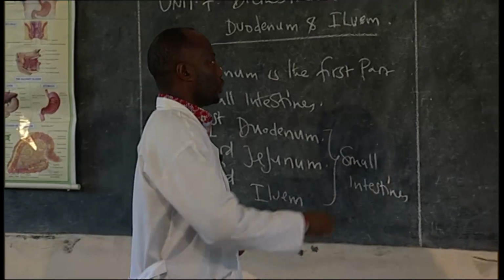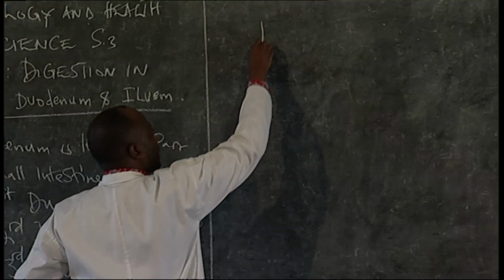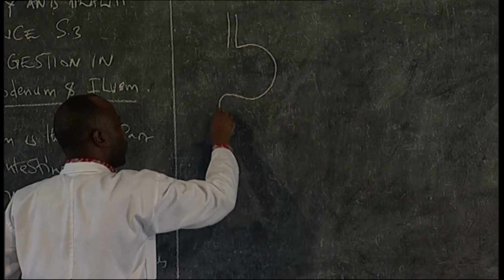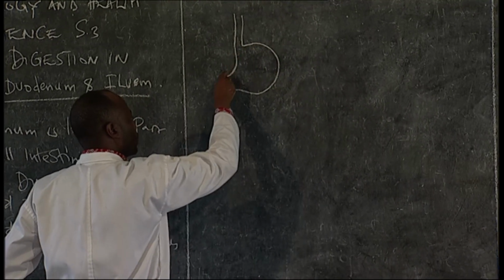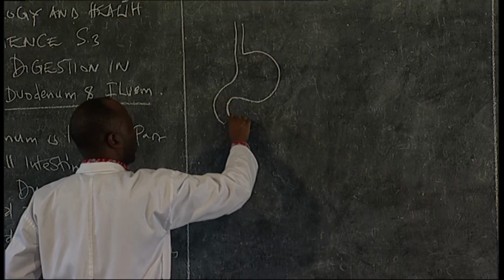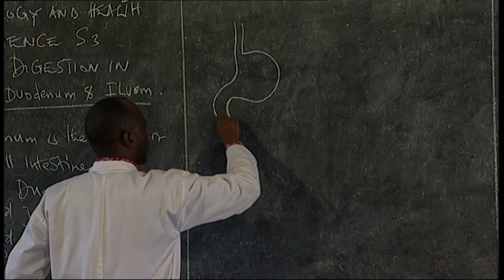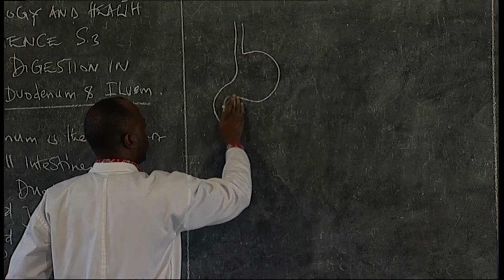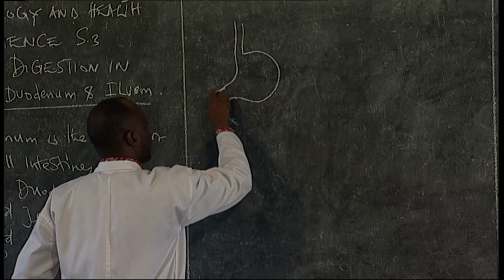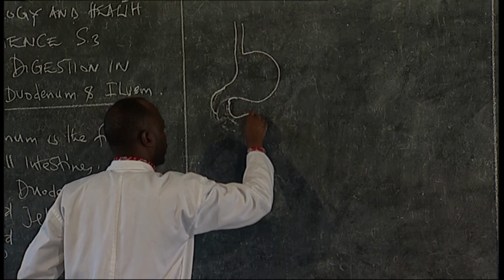This is the diagram that tries to show the structure of the stomach, and the first part of the small intestine, a smaller part of the small intestine.